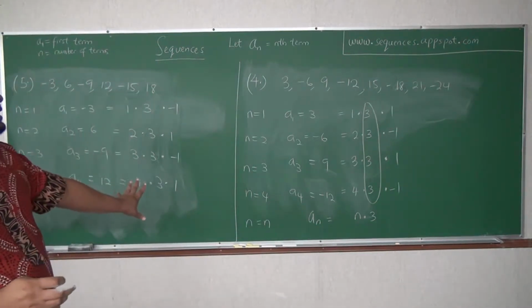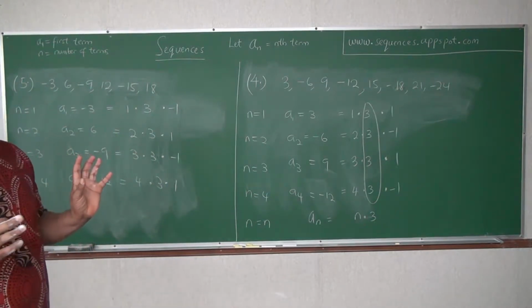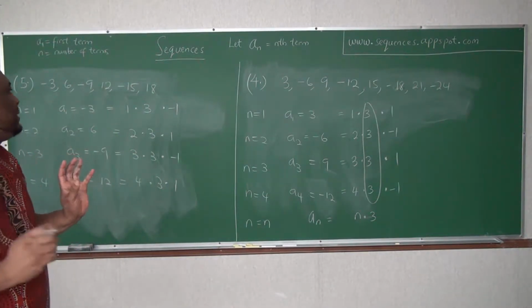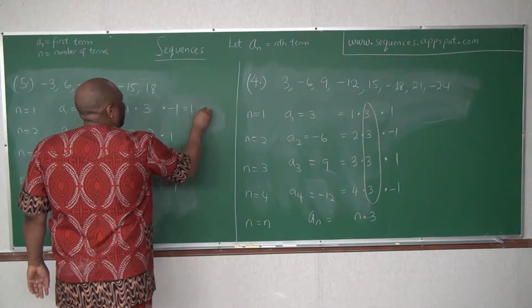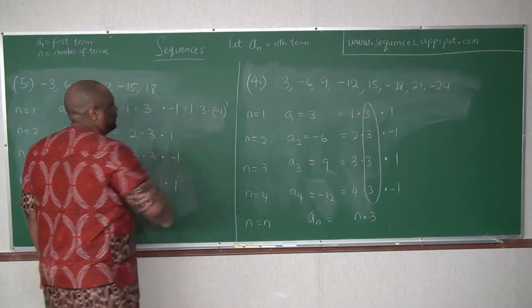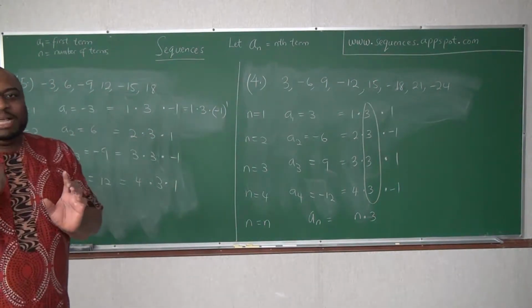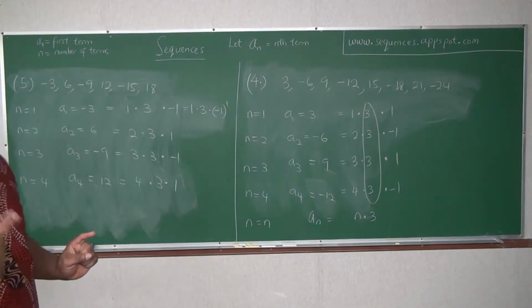You know why this is easier for us? Because with this here, we can say 1 times 3 times -1 raised to power 1, because -1 exponent 1 is -1.